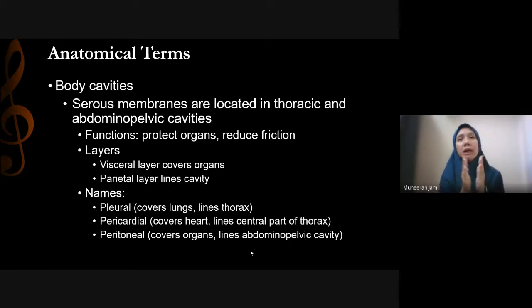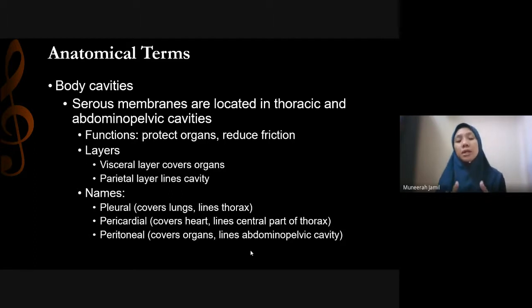Sebab organ-organ yang ada dalam thoracic cavity ni, which is the lungs and the heart, mereka digunakan 24/7, tidak berhenti. Dia akan contract and relax tidak berhenti. Maka sekiranya tidak ada cairan, dia akan menyebabkan berlaku pergeseran. Macam you pakai kasut, kalau you berjalan tak berhenti, lama-lama dia akan haus.